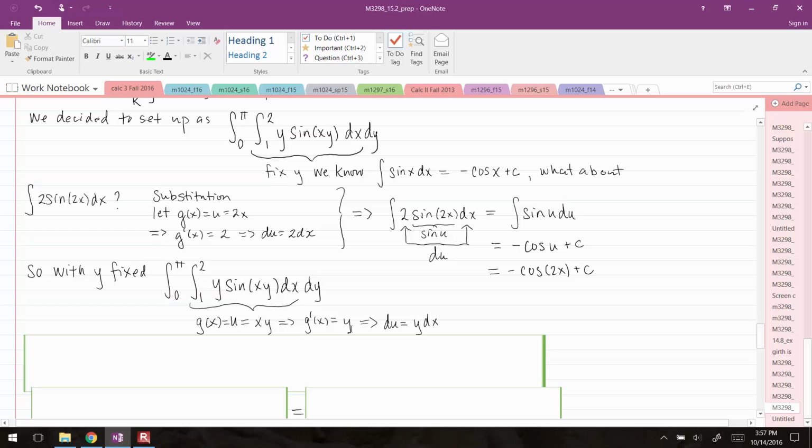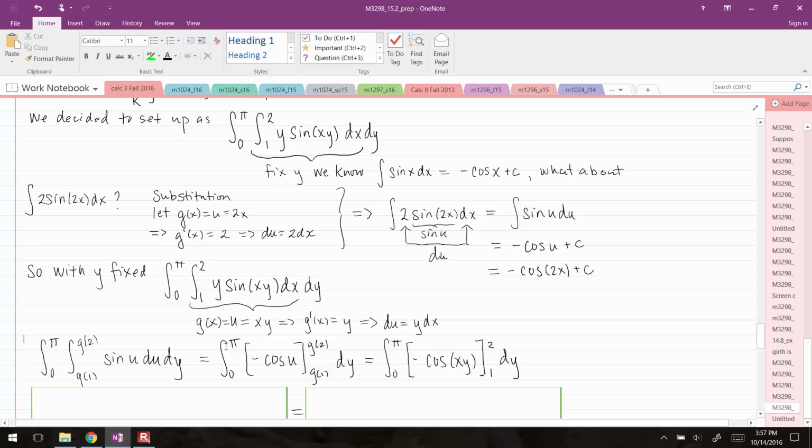So it's a partial, for real. But then when we write it as a differential, du is equal to y dx. Do we have y dx hanging out? Yes, we do. That's really good news. Then I can just write this as sine of u du. So we just did the substitution.